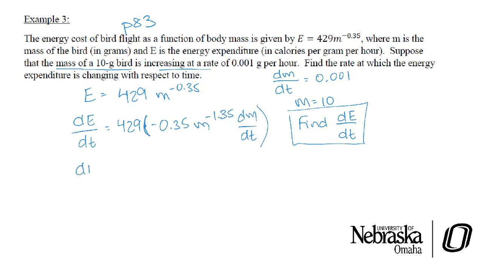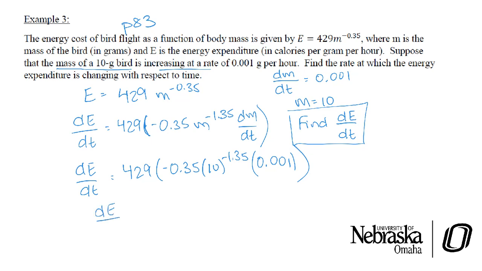Okay, so then we plug in what we know. 429 is just a constant. We have negative 0.35 times m, they said was 10, to the negative 1.35, and then times dm/dt, which is 0.001. You definitely want a calculator for this.